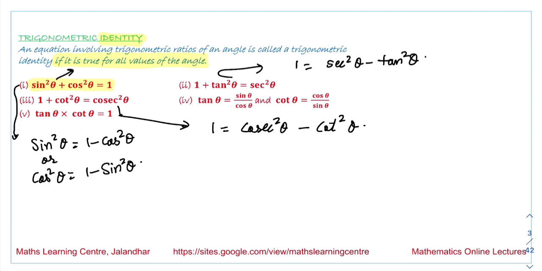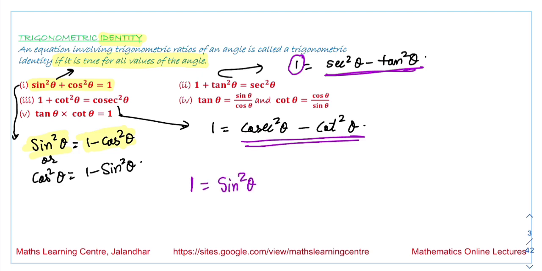Because if somewhere we are given sine square theta, we can write it in the form 1 minus cos square theta. We can substitute the value of 1 anywhere as secant square theta minus tan square theta or cosecant square theta minus cot square theta. So if somewhere 1 is written, we can replace it with sine square theta plus cos square theta.